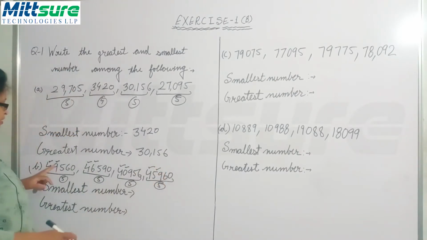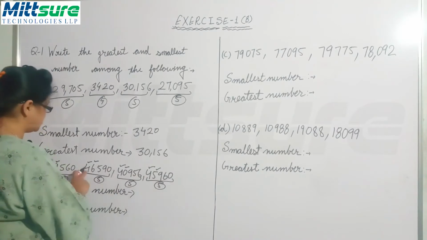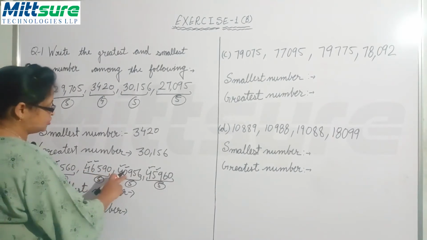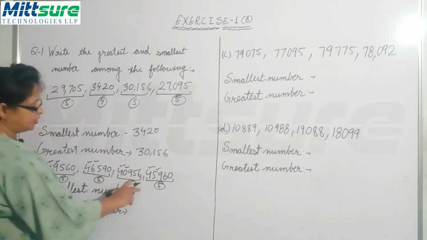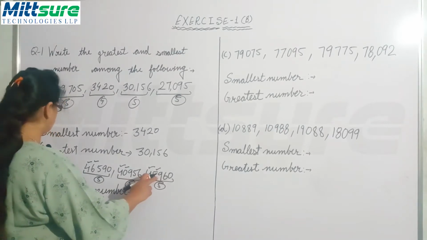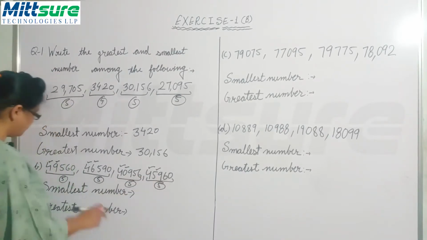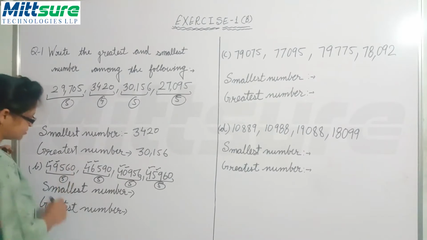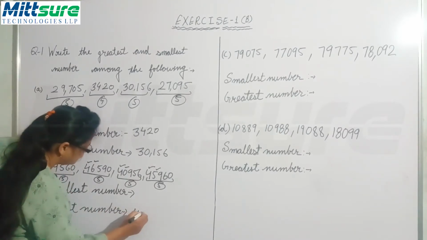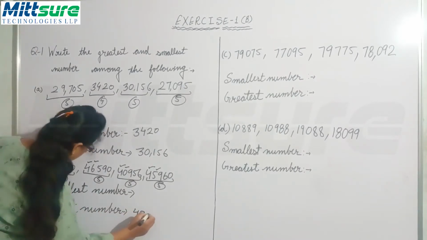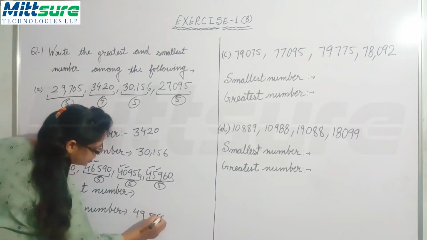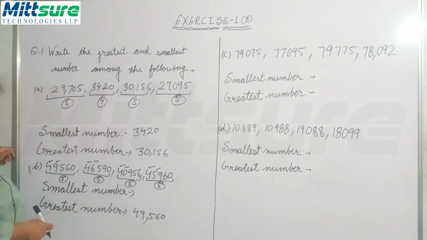We know the 9 is the greatest; 6 is smaller, 0 is also smaller than 9 and 5 is smaller than 9. So the greatest number we have found is 49,560. This is the greatest number.